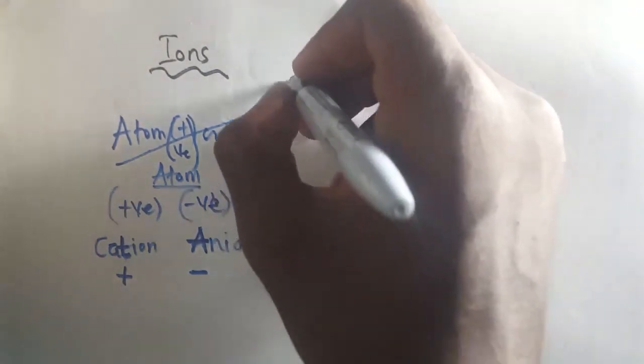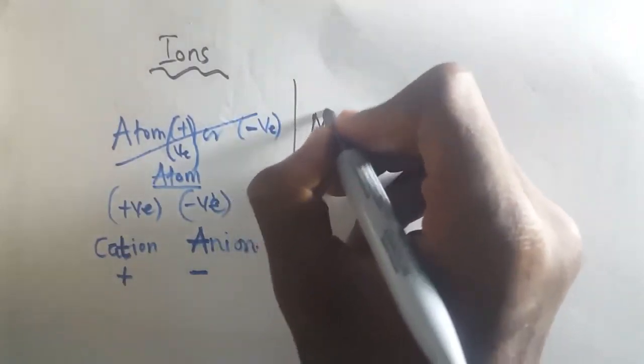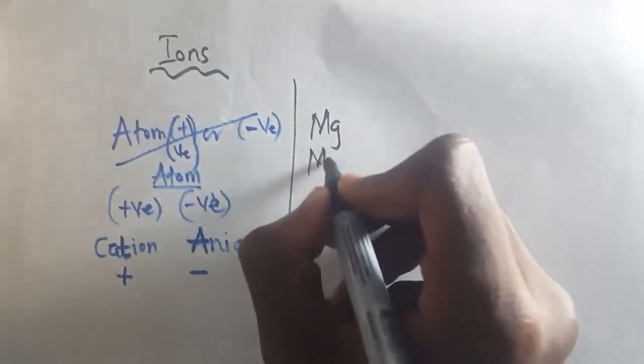Okay, so I want us to look at some examples of elements which have charges and those which do not have charges, and determine how we'll be able to state the number of electrons and number of protons. So let me write just a few over here. We have Mg, Mg2 plus.